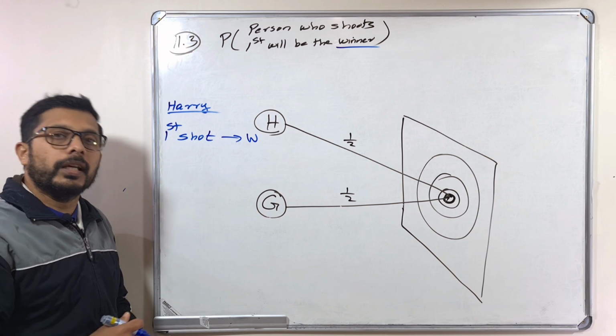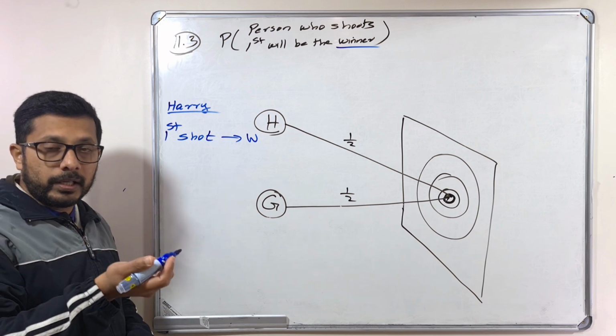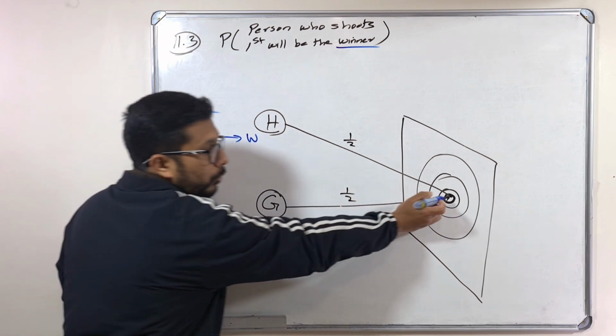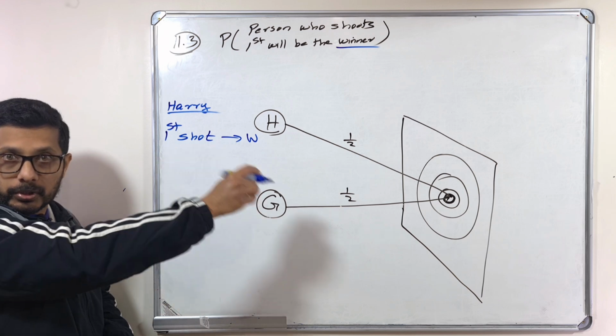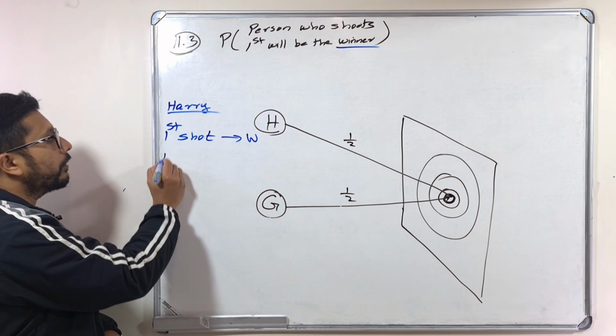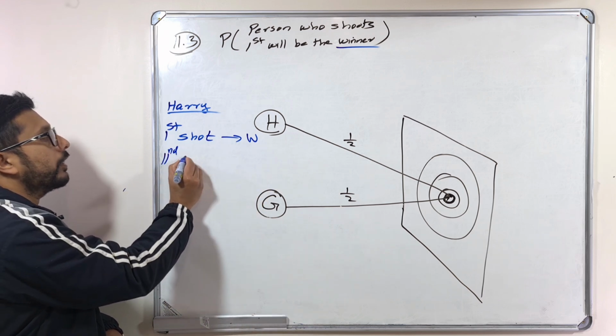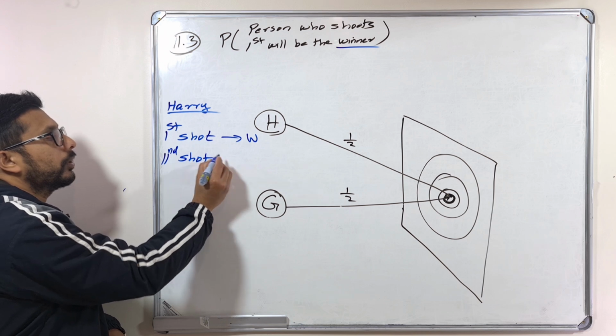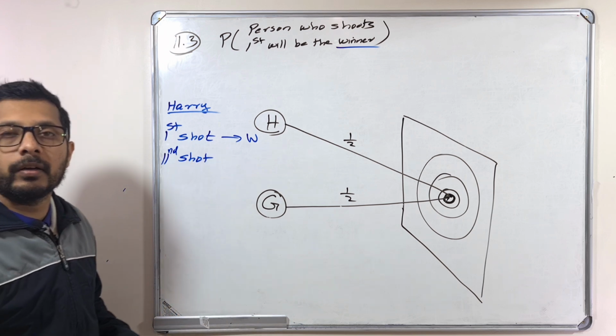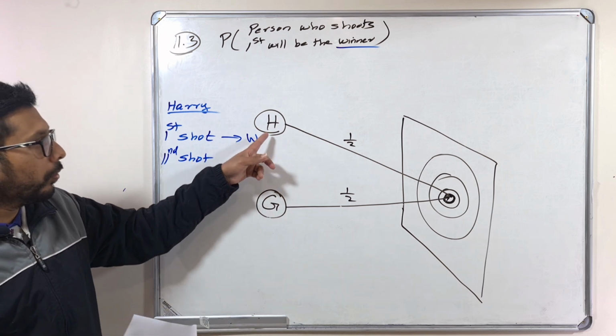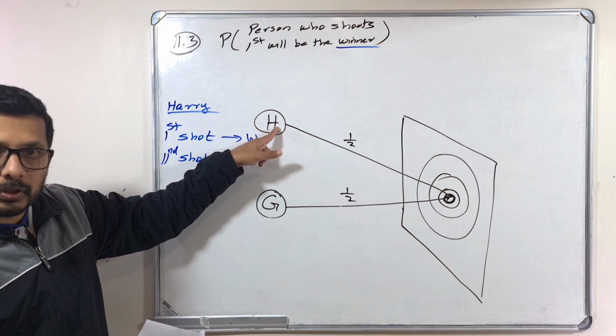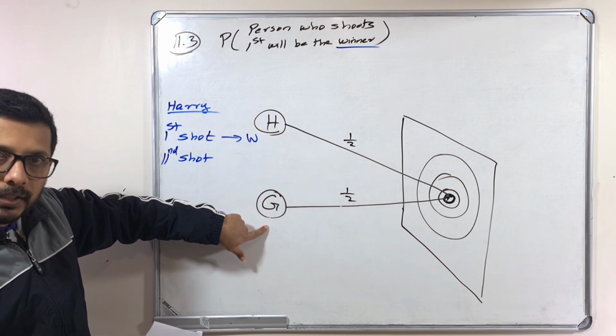Then in case Harry didn't shoot the bullseye on the first shot, when will Harry get the second shot? Harry will get the second shot only after Harry's first shot, then it will go to Glenda.